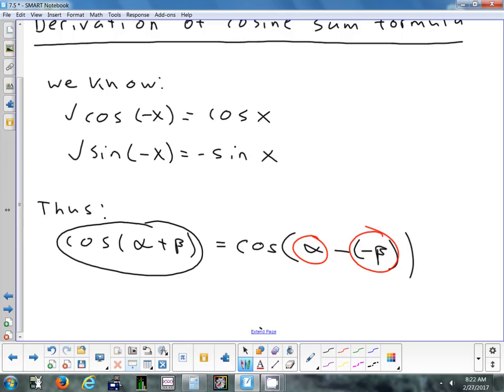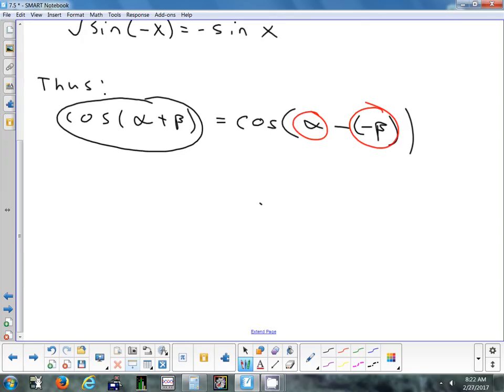All right, so Molly, can you remind me again, what's the cosine difference formula? Cosine of the first, cosine of the first.